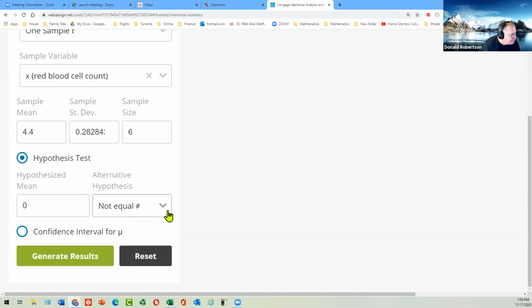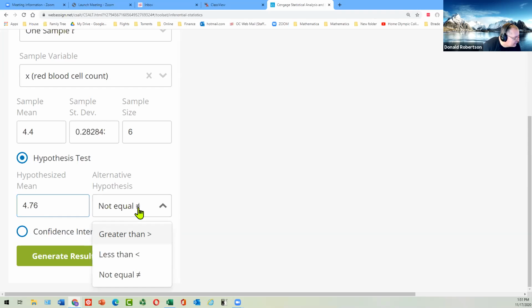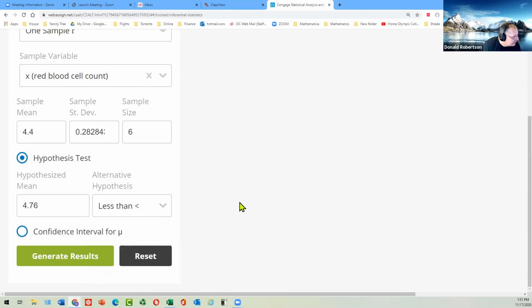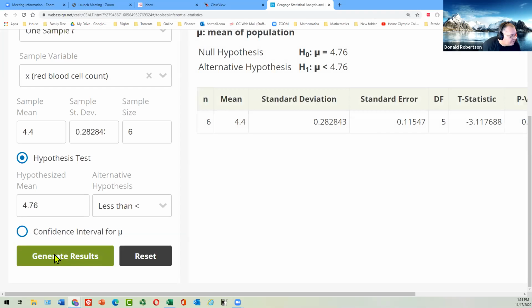The only thing that's not is: is it less than 4.76? Is there evidence to prove it's less than 4.76? Generate result.